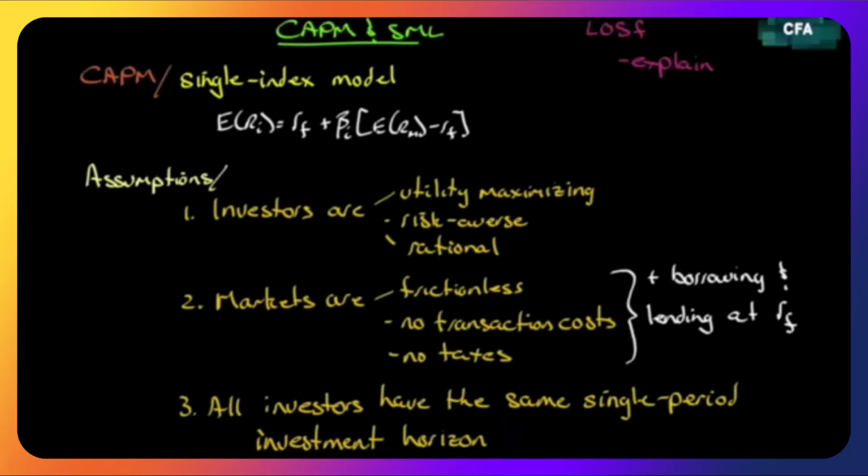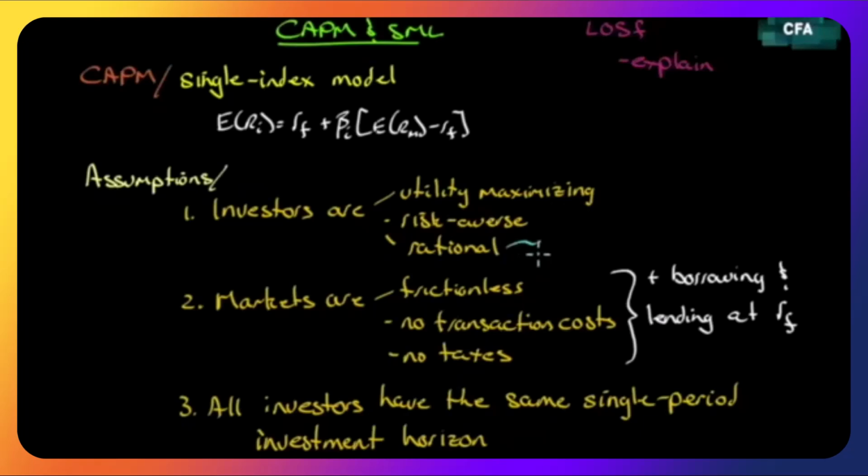Number one, investors are utility maximizing. I don't see that as being controversial. Are risk averse. I would tend to agree with that overall. And rational. Well, the jury is kind of out on this one about rationality. And remember what rationality is. Rationality is consistency.